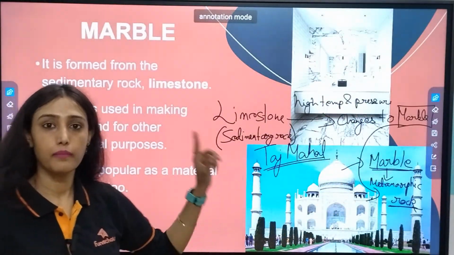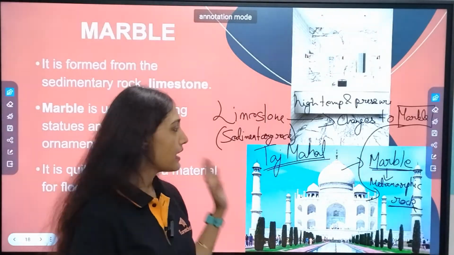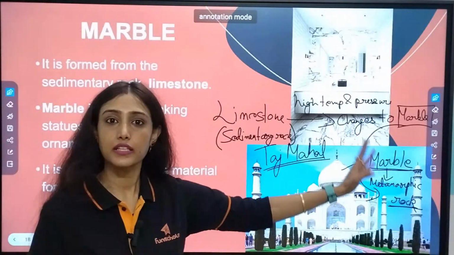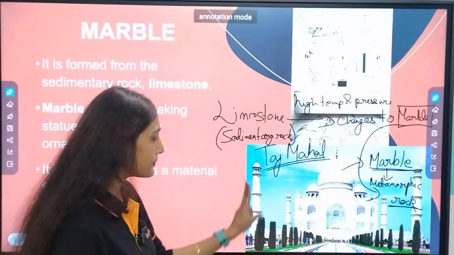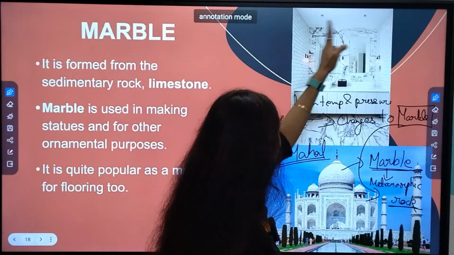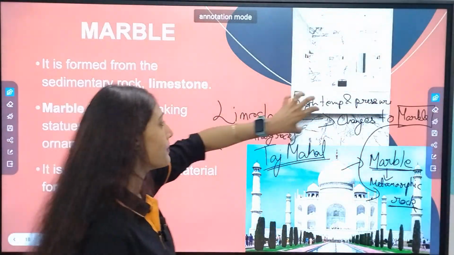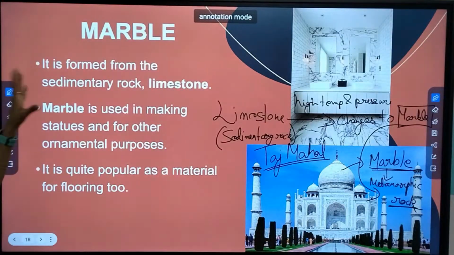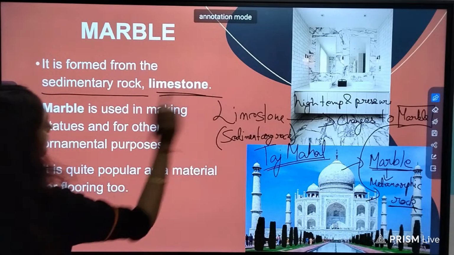Marble is formed from limestone, which is nothing but sedimentary rock. And after marble is formed, what is it called? It is called metamorphic rock. So the best example through which you can remember is Taj Mahal. Even the floors and tiles of many of your houses are made up of marble. Now let's read. It is formed from the sedimentary rock limestone.